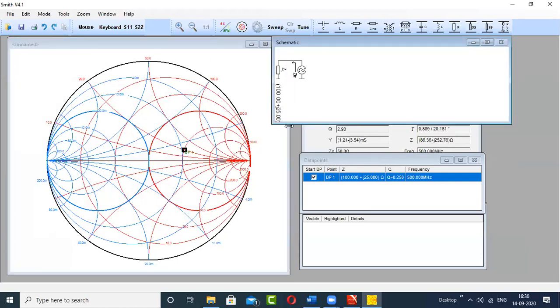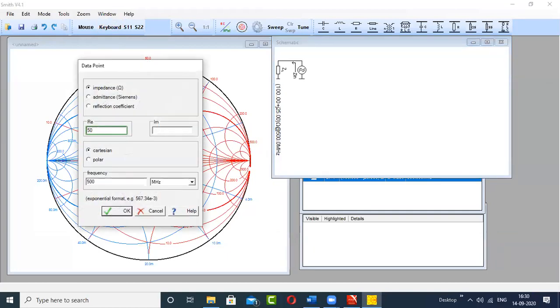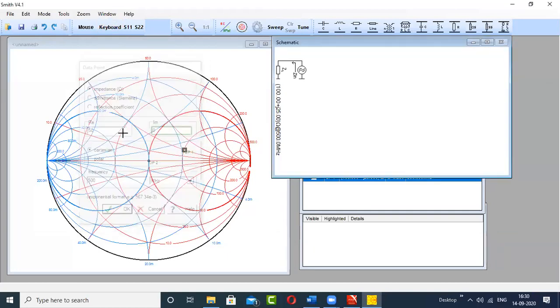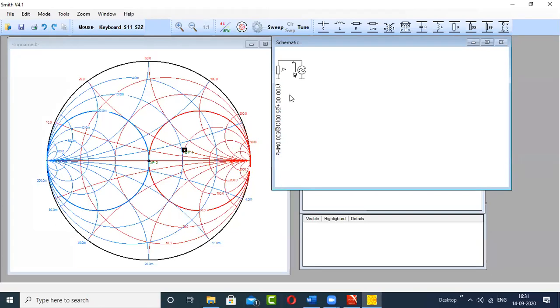So you can see that the load is now 100 plus j25 ohm. And the reference must be there, otherwise we won't be able to design. So now this time the goal is what? To convert this 100 plus j25 ohm into 50 ohm, but at 500 megahertz.